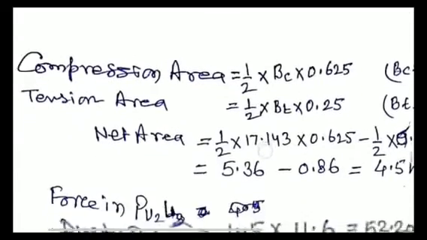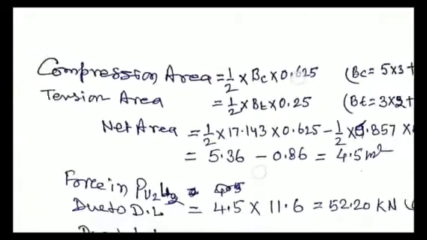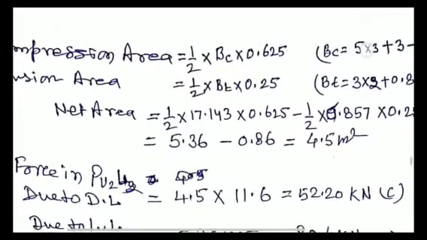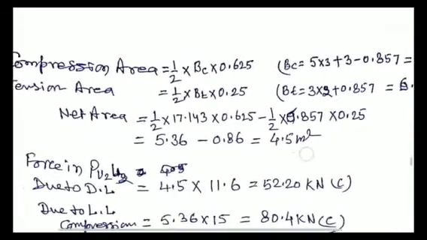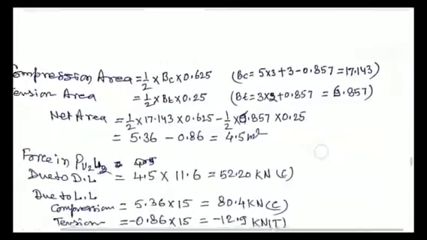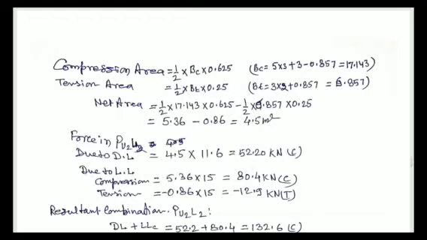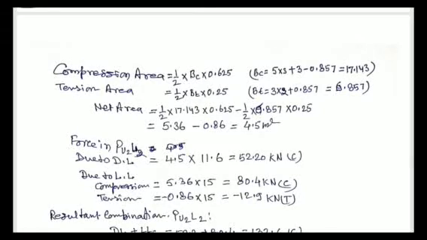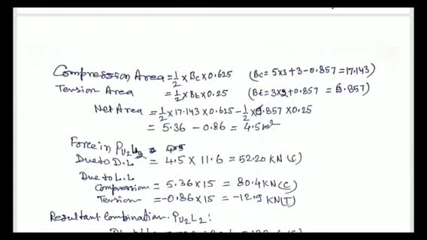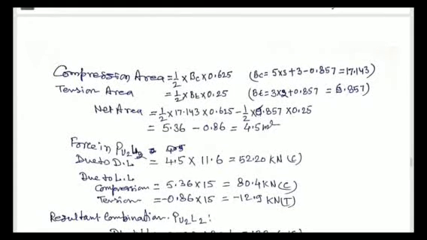So the compression area, or the area of the triangle which is in the compression zone, will be equal to half BC into 0.625, and BC here comes out to be 5 into 3 plus 3 minus 0.857, and it comes out to be 17.143.